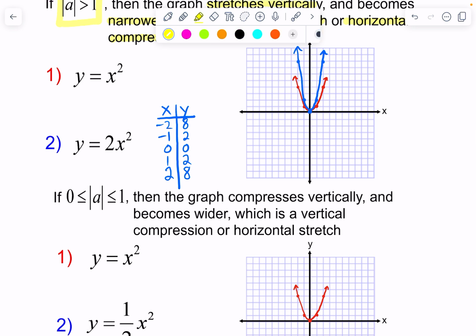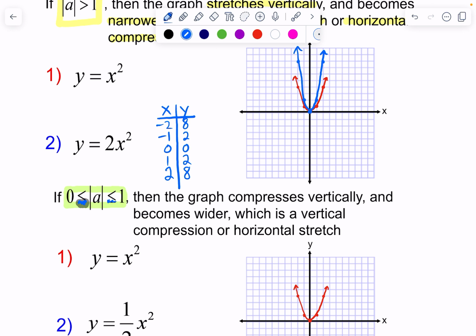Now, if the absolute value of a is greater than or equal to 0 or less than or equal to 1, and actually that's a mistake here. It should just be greater than 0 and less than 1. I apologize for that.